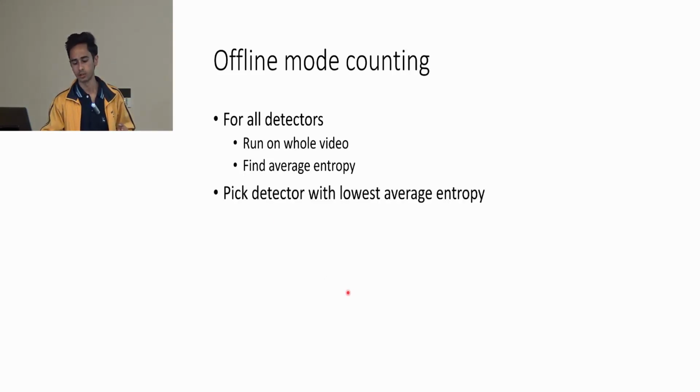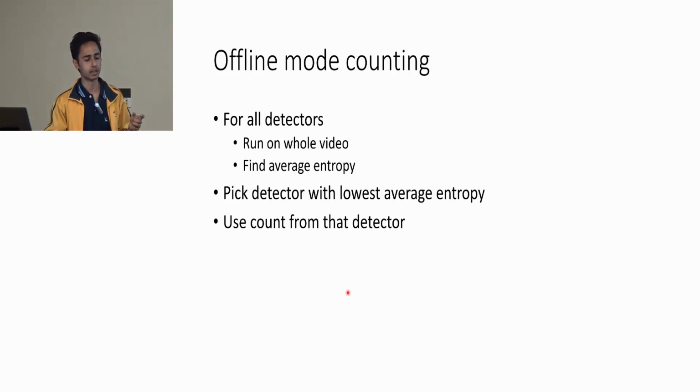They use the count from that detector for this video sequence. These detectors are the different samplings, 2, 5, and 8.